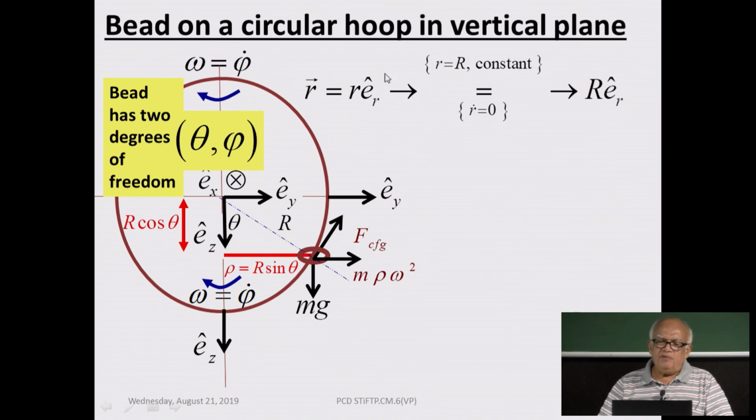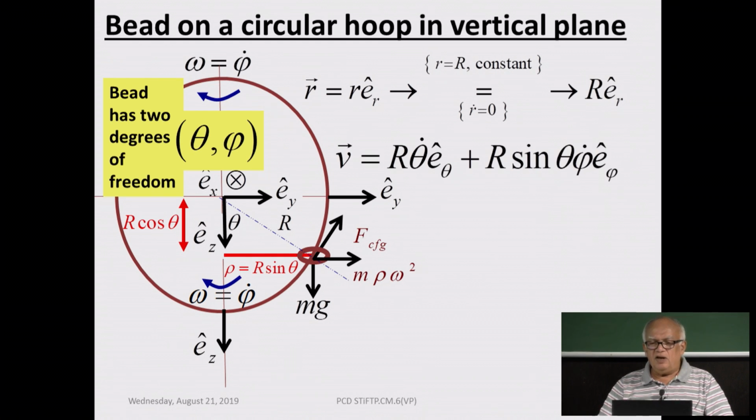So in this coordinate frame of reference, the position of the bead is given by r times the unit vector along the radial line. Okay. So its velocity is given by the time derivative of the position vector, but the variation is coming only because of the change in e_r.